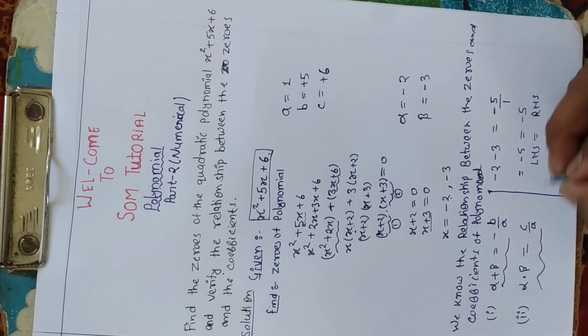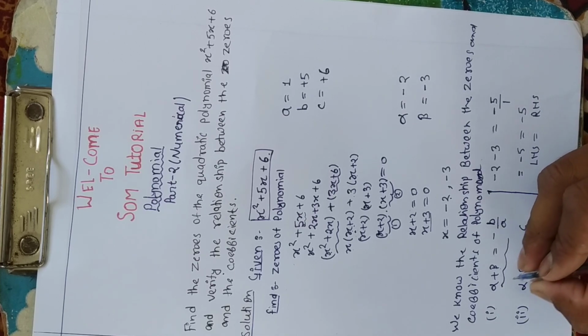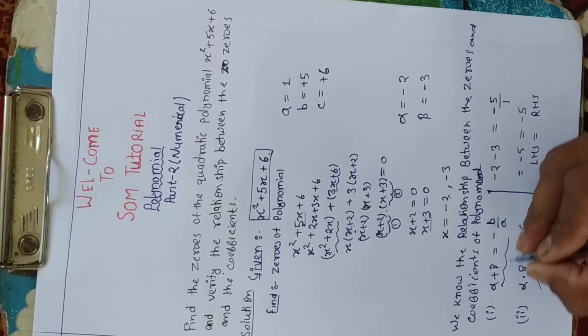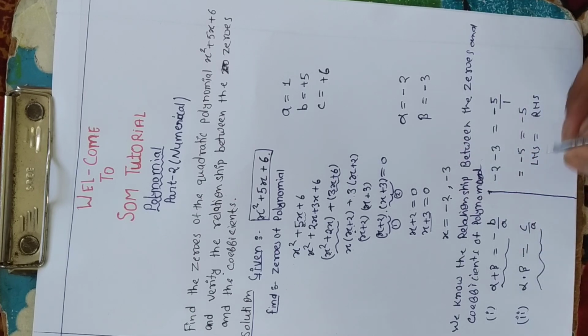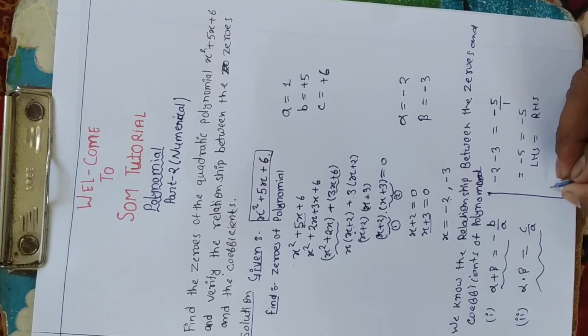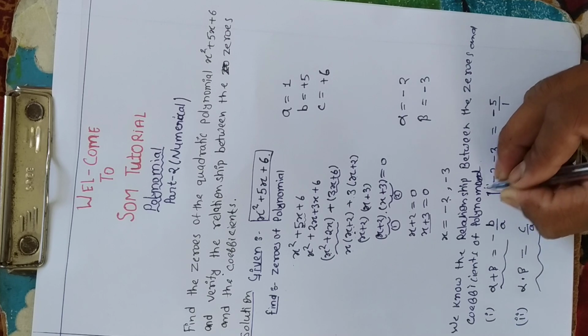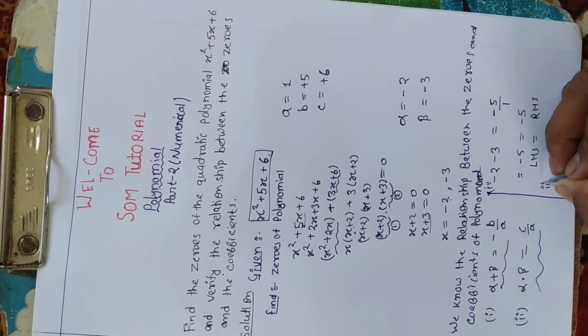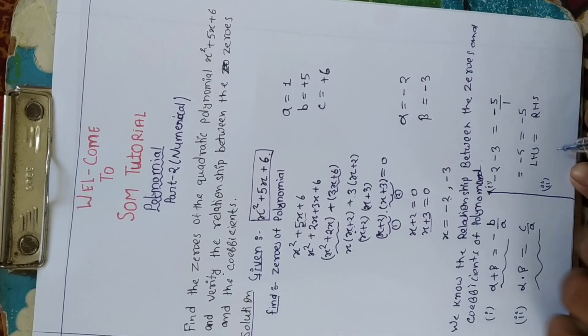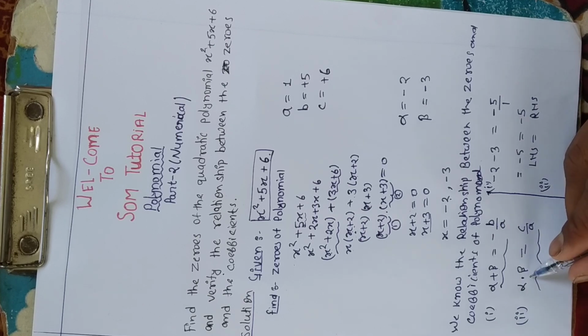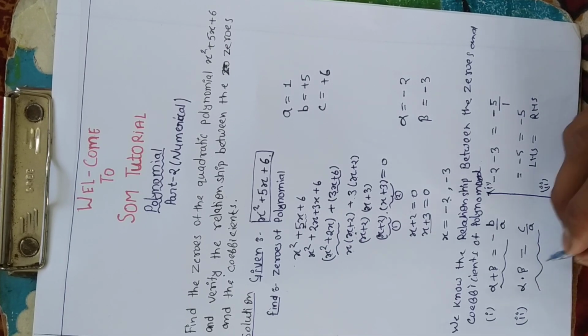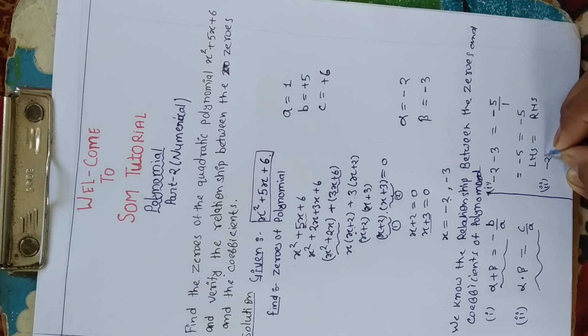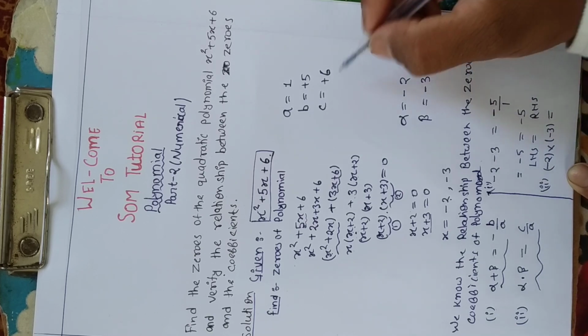So the first relation alpha plus beta is equal to minus b by a is verified, and now verifying the second relation, this is product of roots: minus 2 into minus 3 is equal to c by a. What is the value of c?